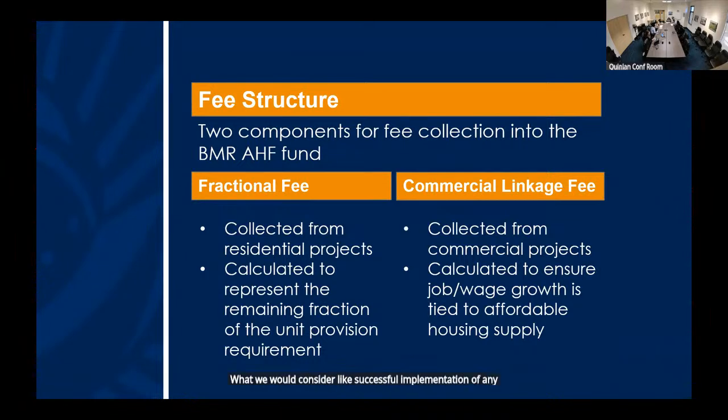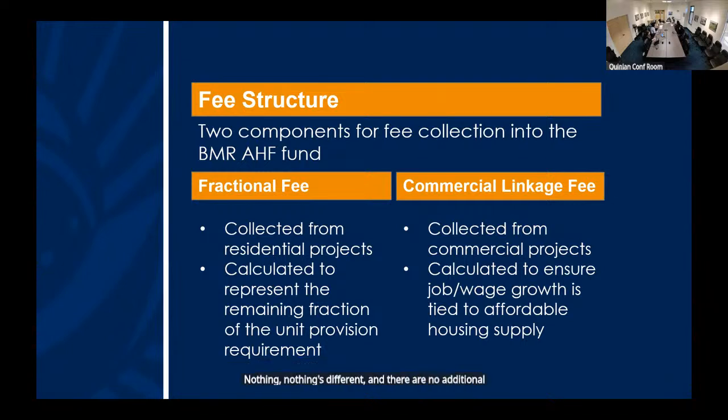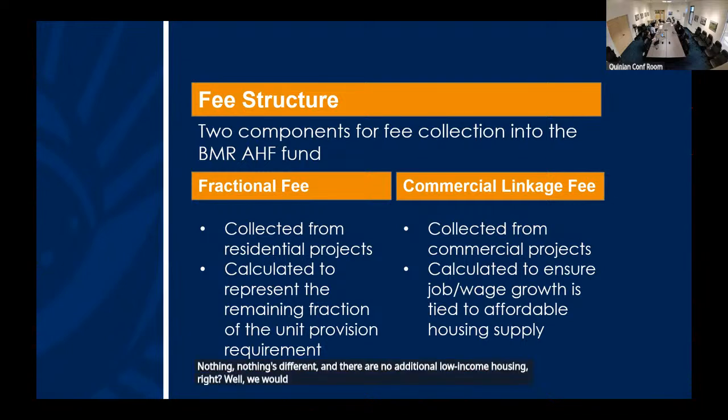Theoretically, this is just an example, of course we would never do this, but let's say we were to recommend a very minimal change to the program, to the point where essentially nothing is different and there is no additional low income housing. Well, we would fail our own metrics that we set in the housing element. So that would not be an acceptable recommendation. That's just to hold ourselves accountable, basically. Okay, that's good.